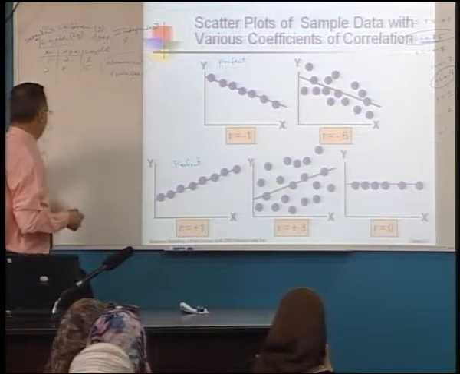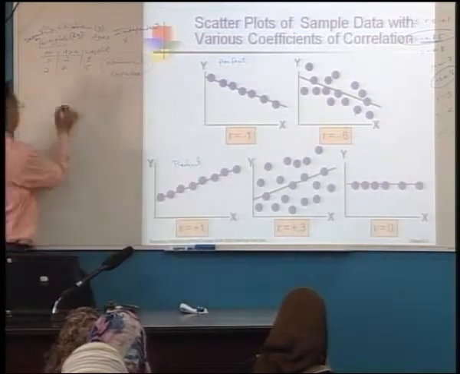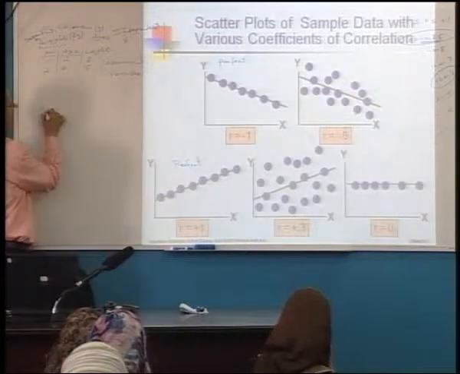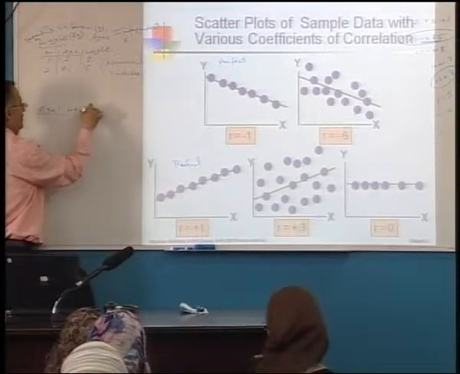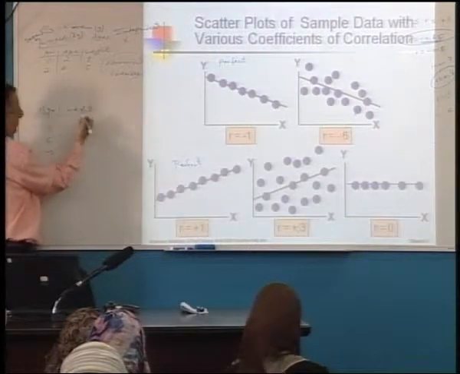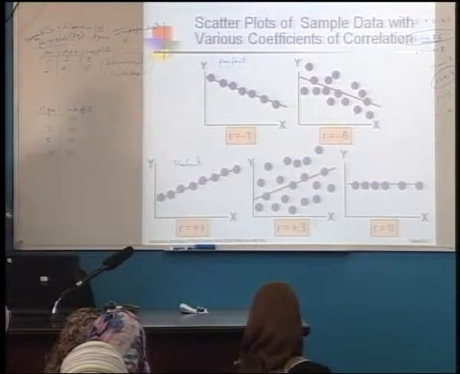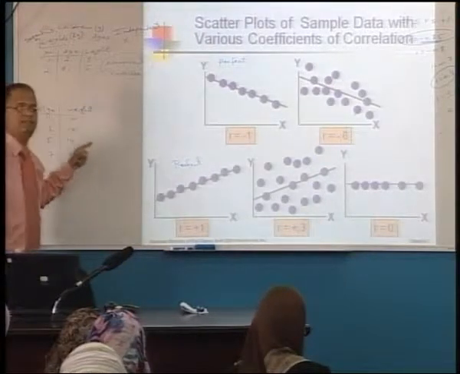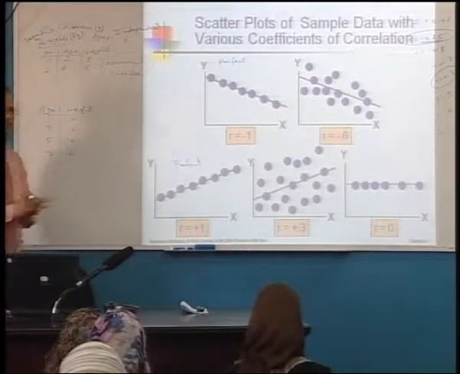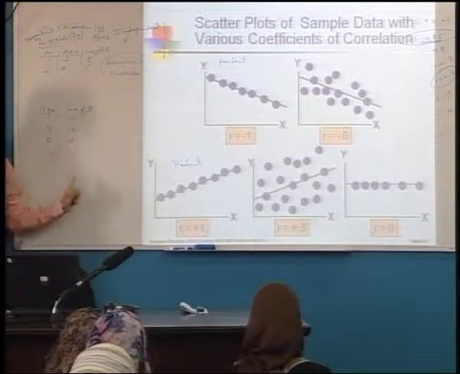If the data looks like this table, for example, suppose here we have age and weight. Age 1, 3, 5, 7. Weight, for example, 10, 12, 14, 16. In this case, there exists a perfect relationship, because x increases by 2 units and weight also increases by 2 units.